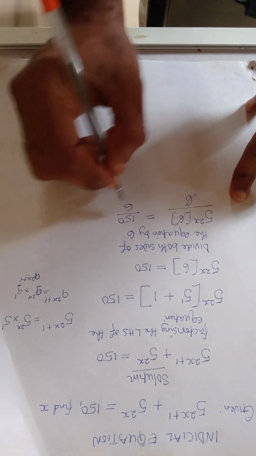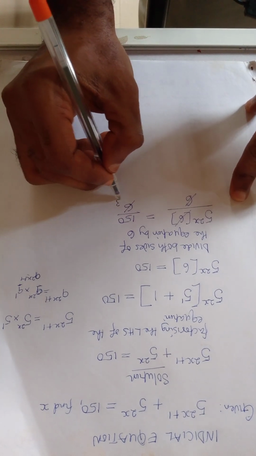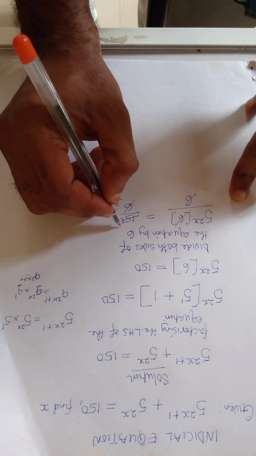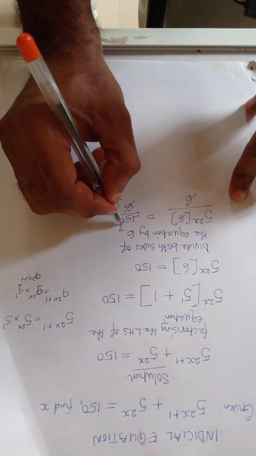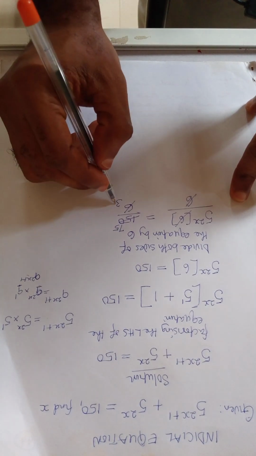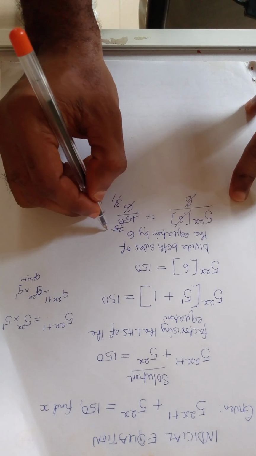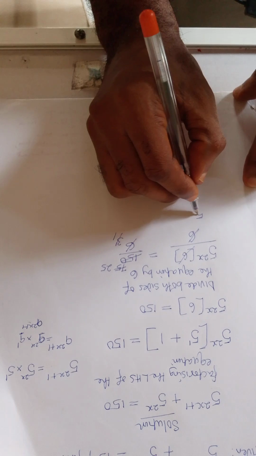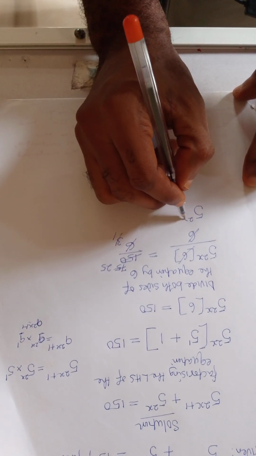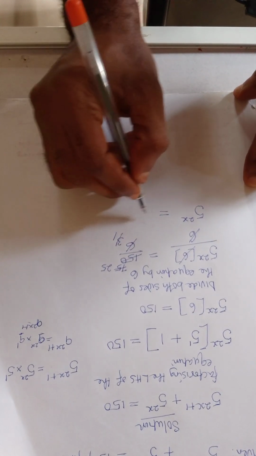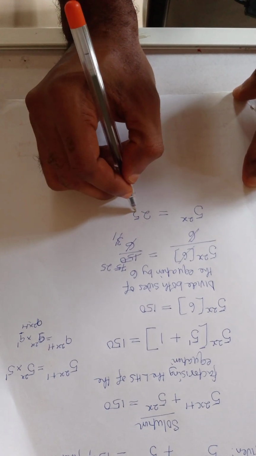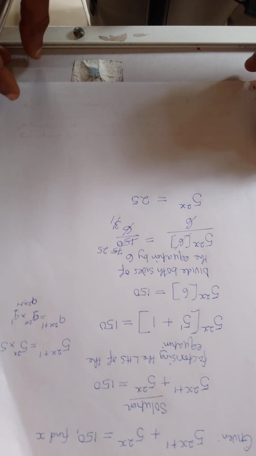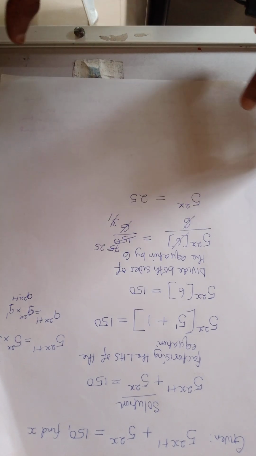So this will go. 2 here will give us 3. 2 into 150 will give us 75. 3 here will give us 1. 3 into 75 will give us 25. So we are left with 5 raised to the power 2x from the left hand side of the equation equal to 25 from the right hand side.